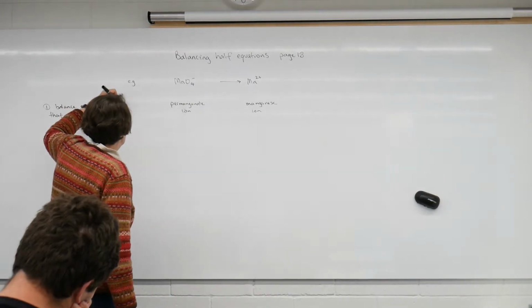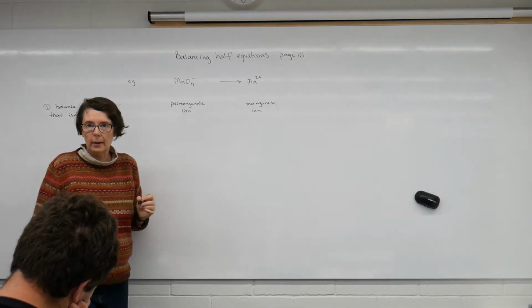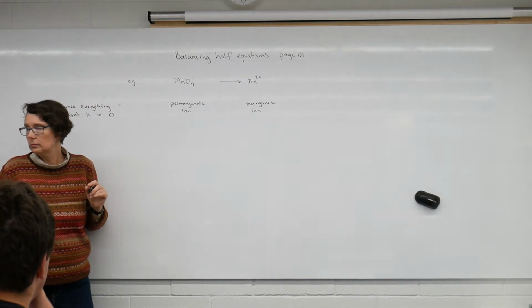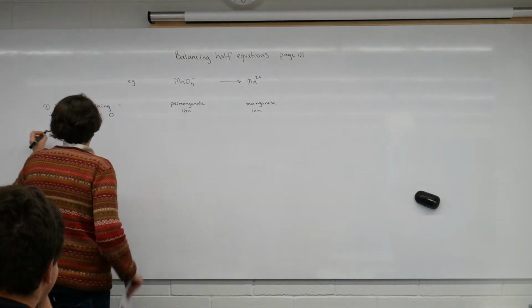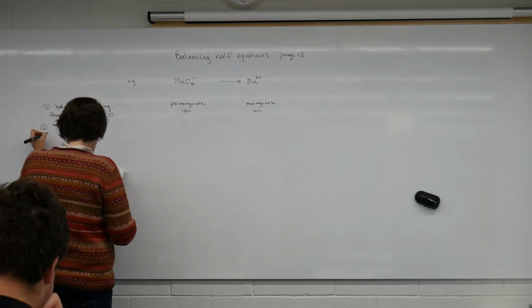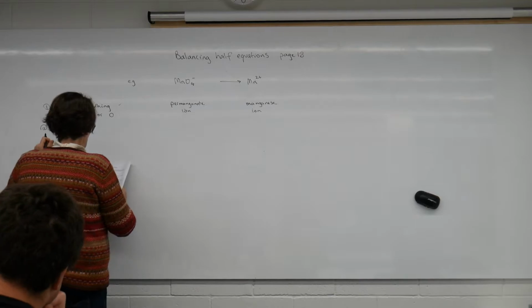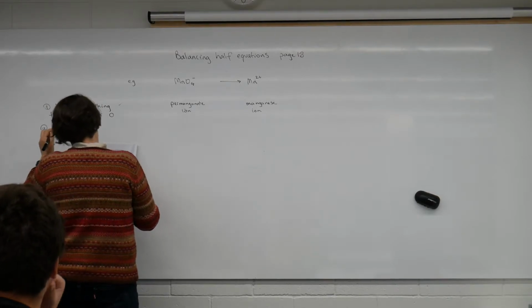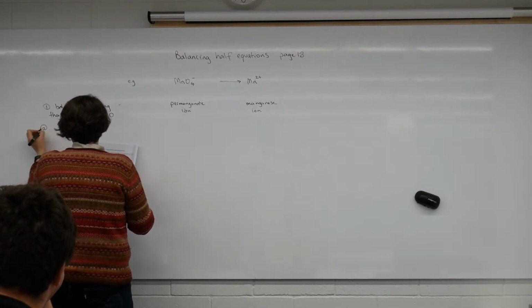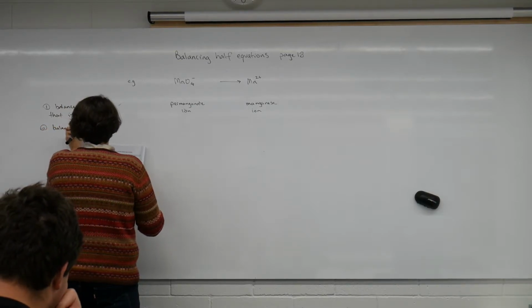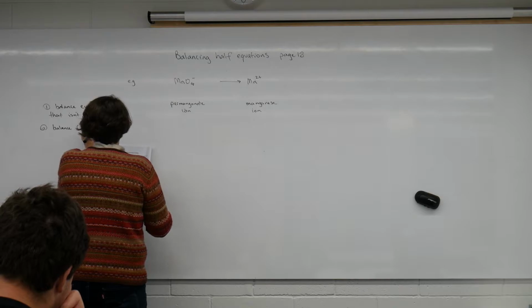So that's done in this particular example. But it's one to be careful of, one that trips students up sometimes. The second thing we're going to do is balance oxygen with water.